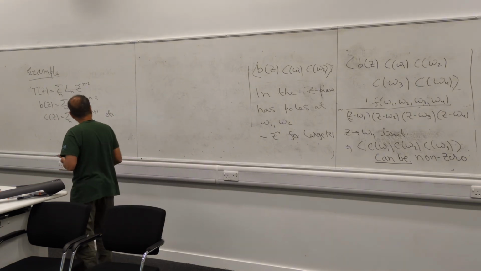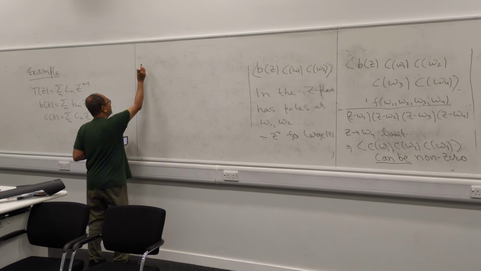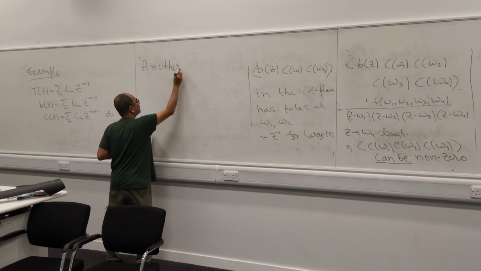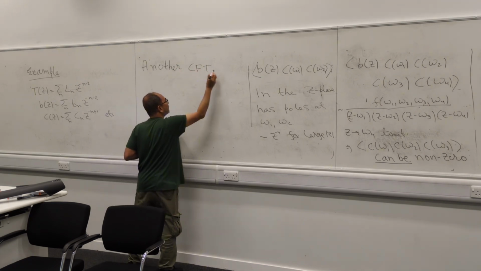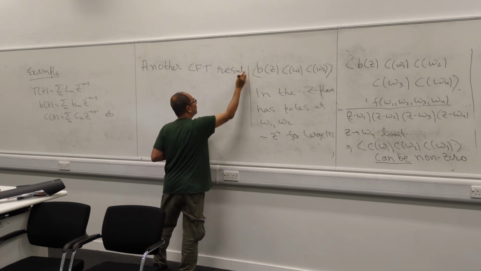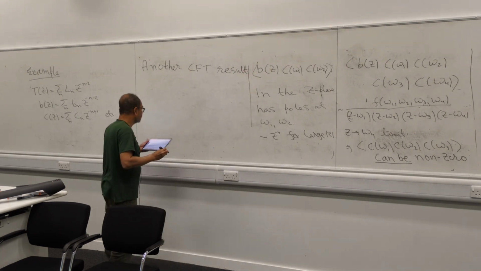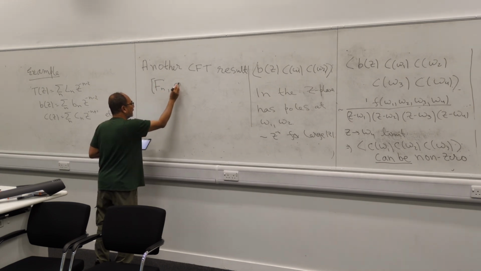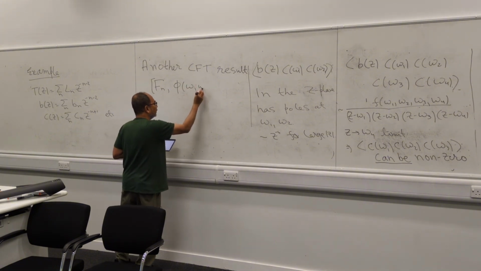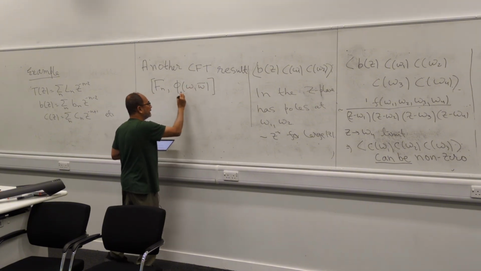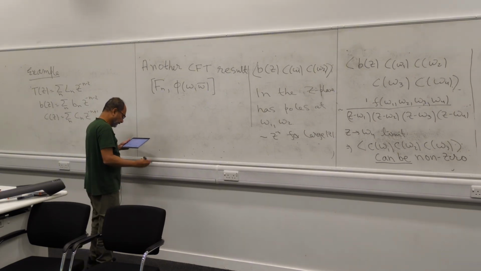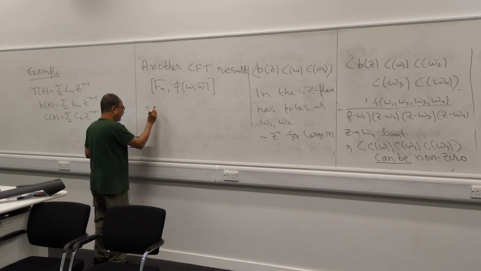Now I give another CFT result. If you want to calculate the commutator between this operator F_n and phi(w, w bar), where phi is any operator, not necessarily even primary, not holomorphic, then this is given by an integral around w.